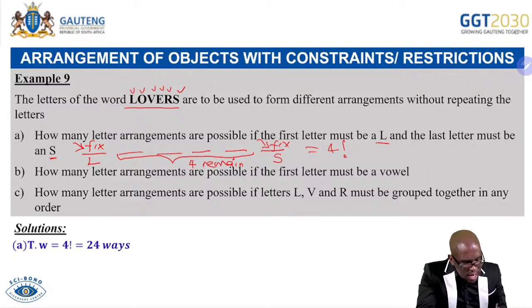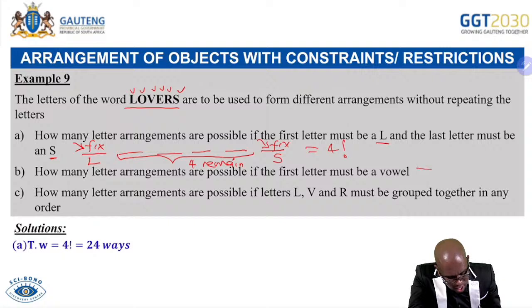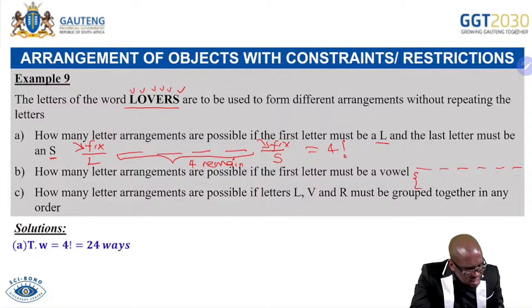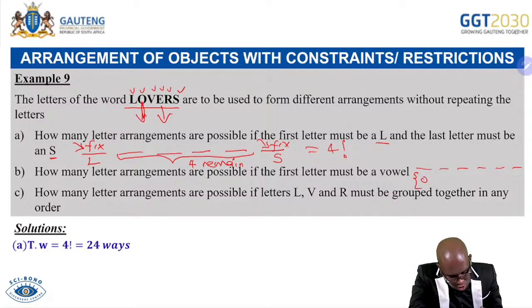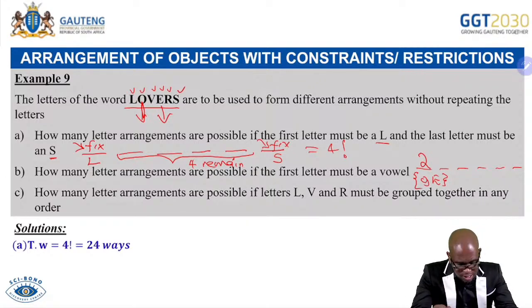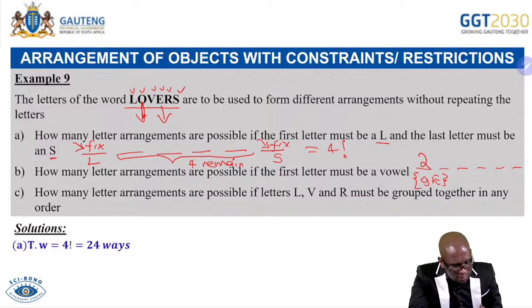So now, how many arrangements are possible if the first letter must be a vowel? It's still 1, 2, 3, 4, 5, 6. Now, for the first letter to be a vowel, let's check the vowels that are available. It's O and E. So you are going to fix a vowel. You have 2 options of doing that, because there are 2 vowels that are available.